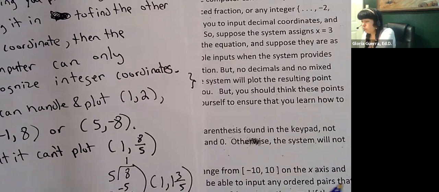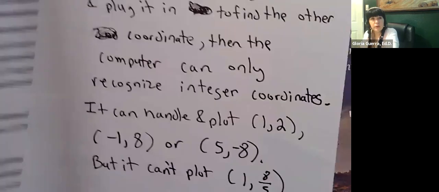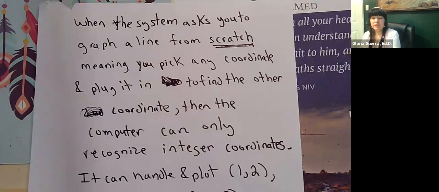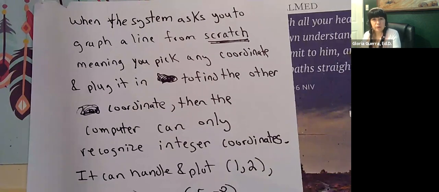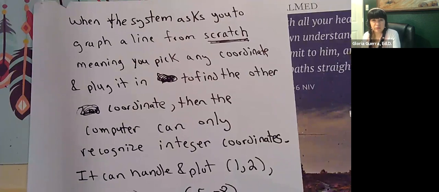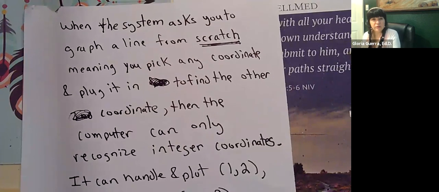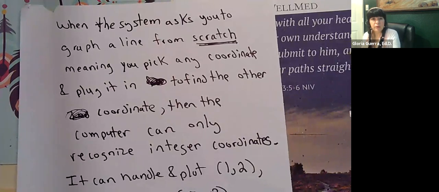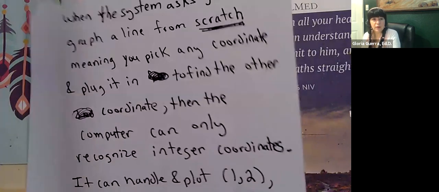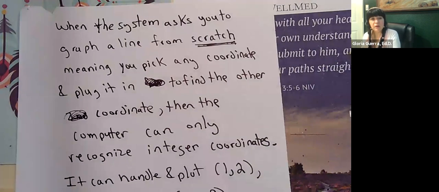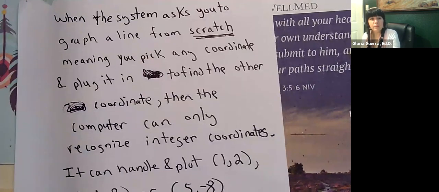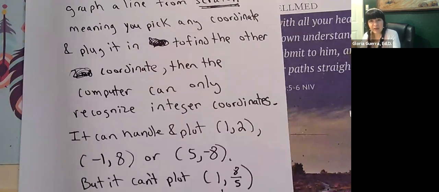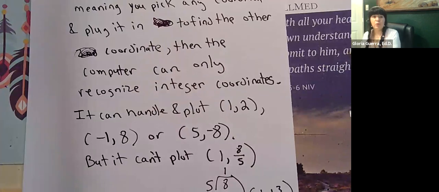Okay, so I have some notes here to share with you. There are some limitations in your Hawkes Learning system. When the system asks you to graph a line from scratch, meaning you pick any coordinate and plug it in to find the other coordinate, the computer can only recognize integer coordinates. It only made an answer key for integer coordinates.